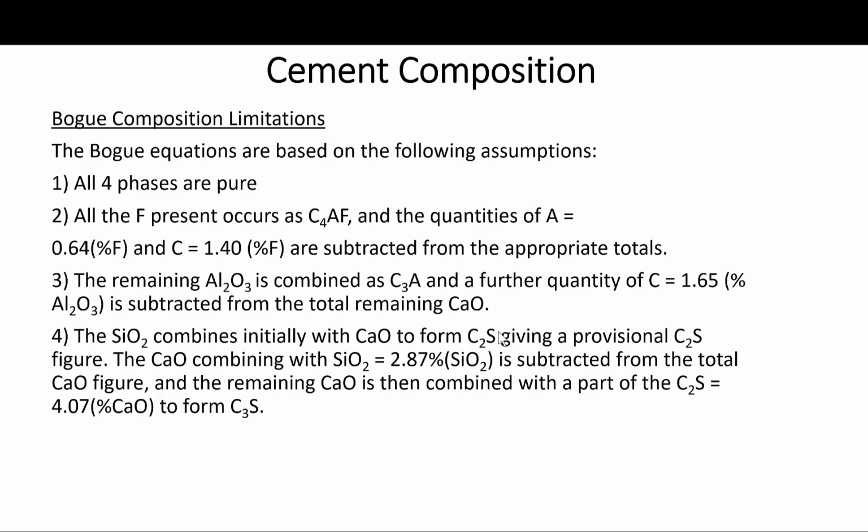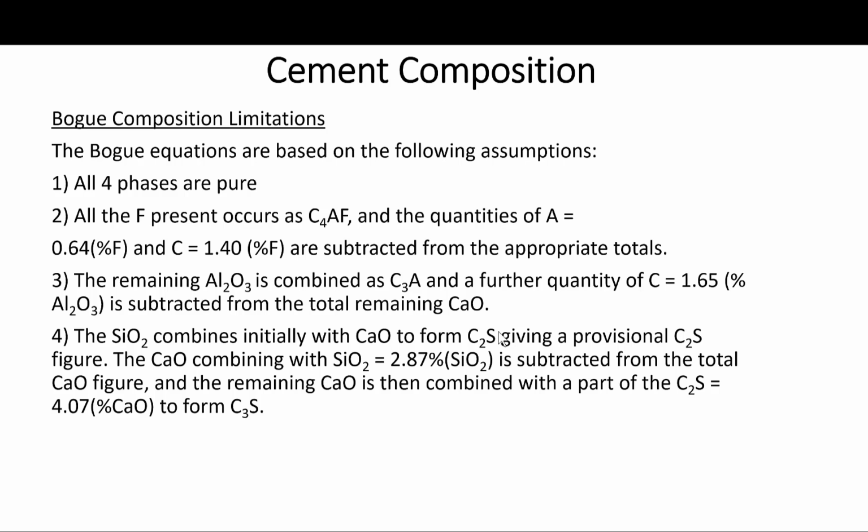Second, all the ferric oxide present occurs as C₄AF, and the quantities of A, the aluminum oxide, equal to 0.64 times the ferric oxide, are subtracted from the appropriate totals. So the remaining Al2O3 is combined as C₃A, and a further quantity of calcium oxide, CaO, equal to 1.65 times the Al2O3 is subtracted from the total remaining CaO.